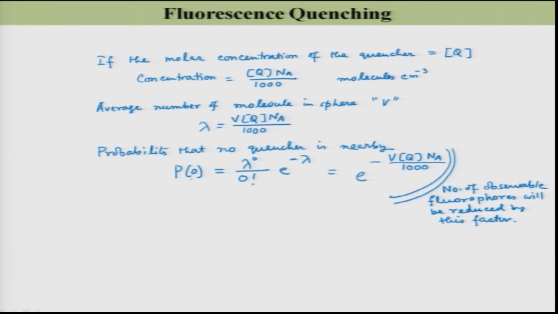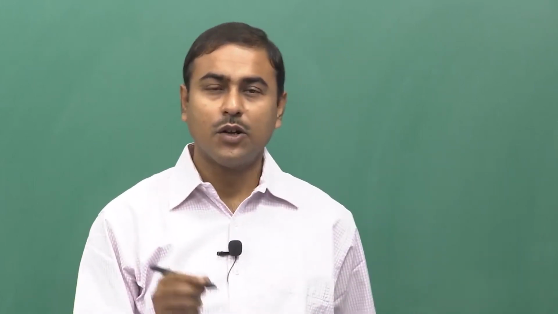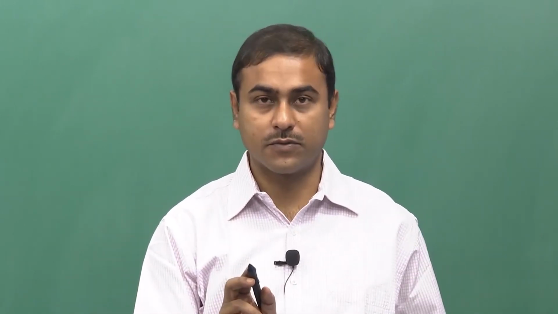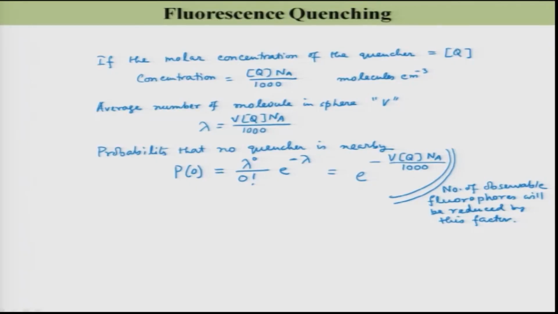No quencher is nearby, that means you will get the fluorescence from that. When the quencher is nearby, those quenchers will immediately quench all the fluorescence of those fluorophores. So, this quantity, e to the power minus V Q Na by 1000, must be multiplied with I0.